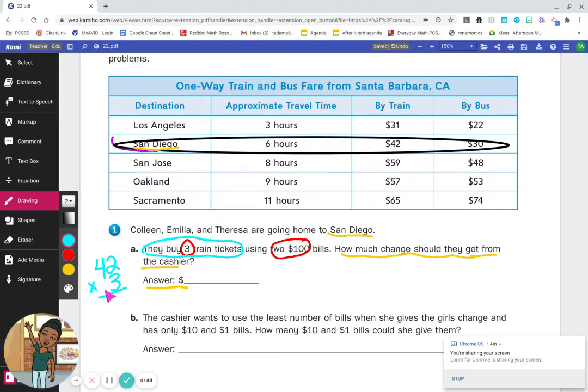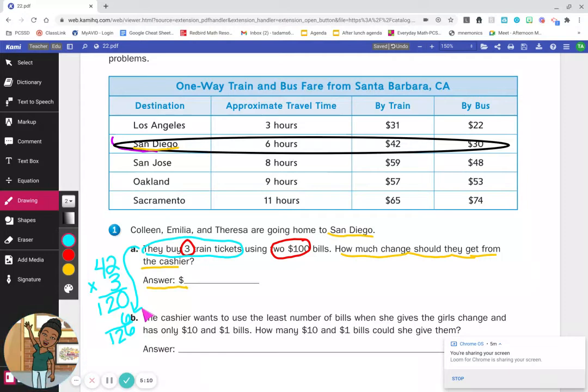What is 3 times 4? 12, and then add our 0. Yes. 3 times 2 equals 6. And I'm going to add these together, 126. I know that the 3 train tickets cost $126. Okay, so far so good.